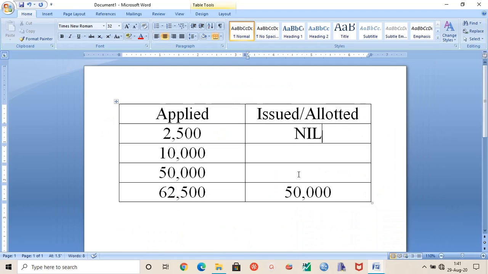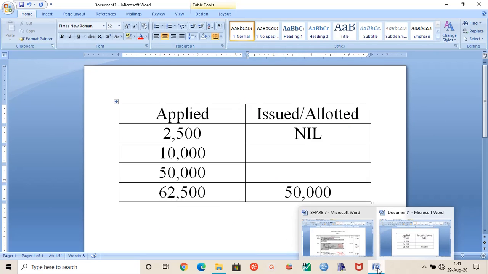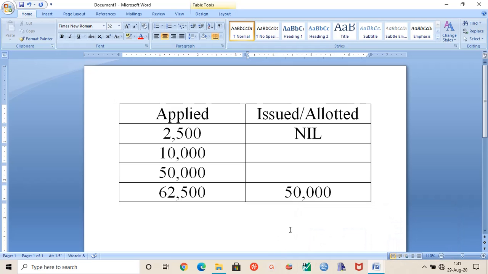And if you read the question properly, if you have a look at the adjustment here, it was decided to, point number A, refuse allotment to the applicants of 2,500. So you are making the refusal of 2,500.